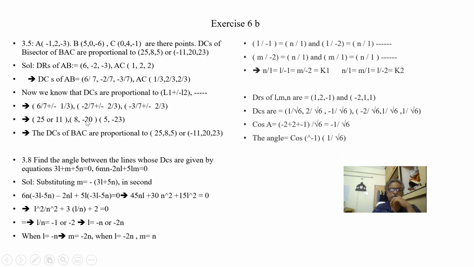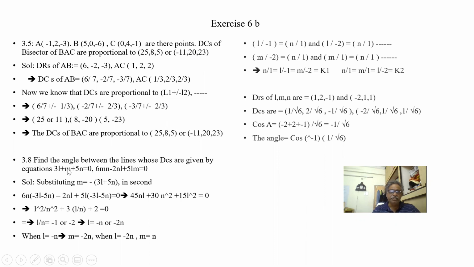Or minus becomes minus 20. So what are the two coordinates? 25, 8, 5. Or 11, minus 20, minus 23. You can remove the minus here. So we have proved that the DCs of the bisector of BAC are proportional to L1 plus L2 by 2, M1 plus M2 by 2, where plus means plus or minus.